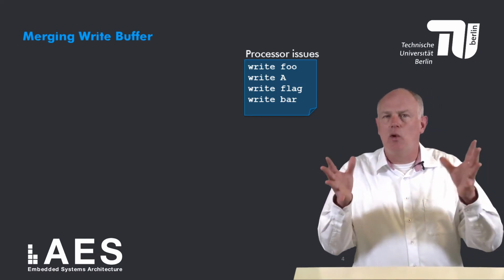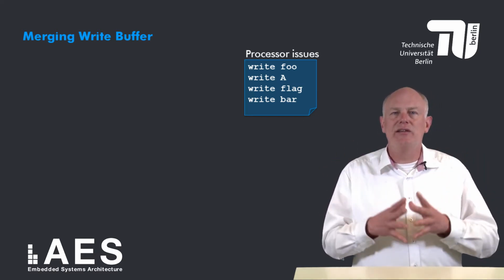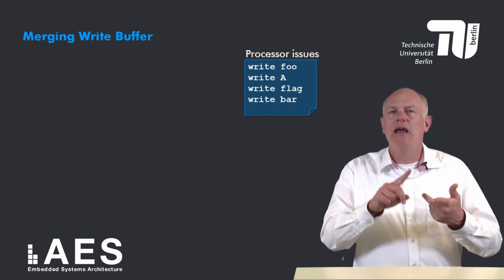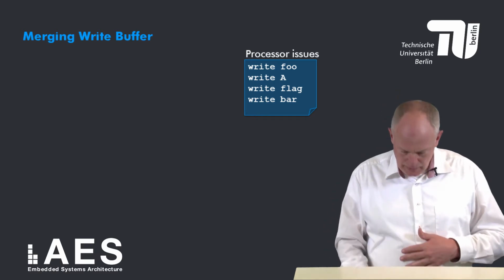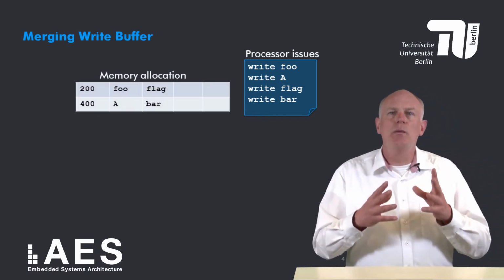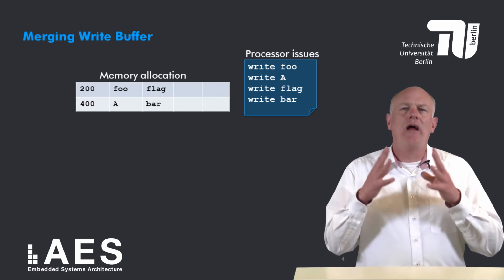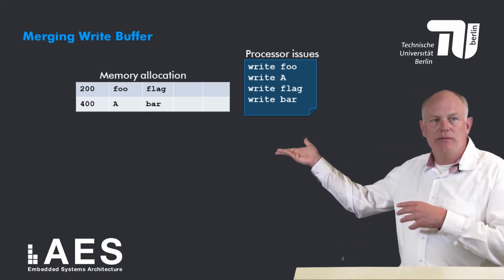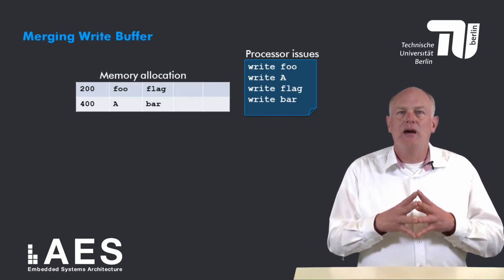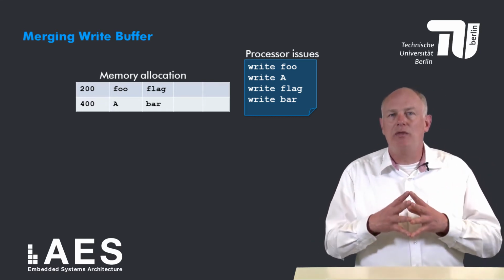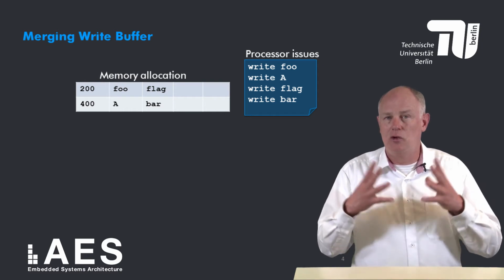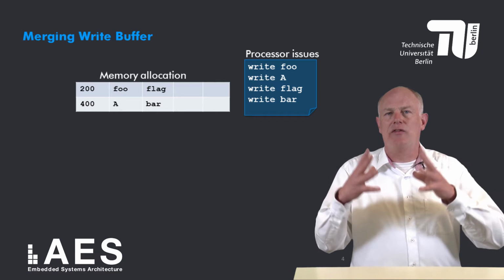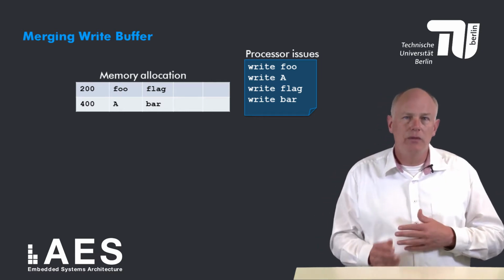Suppose the processor or core issues consecutively write foo, write A, write flag, and finally write bar. Also assume that these 4 variables are allocated in memory, typically by the compiler, like this. Foo and flag are placed together in the memory block that starts at address 200, and A and bar are placed together in the block that starts at address 400.